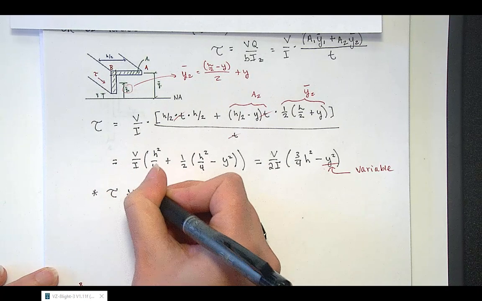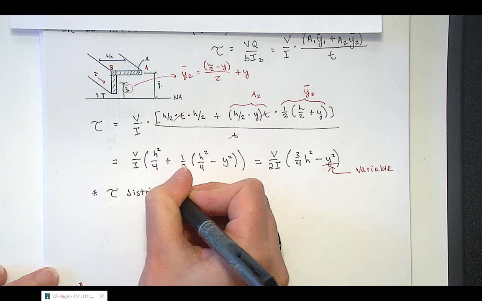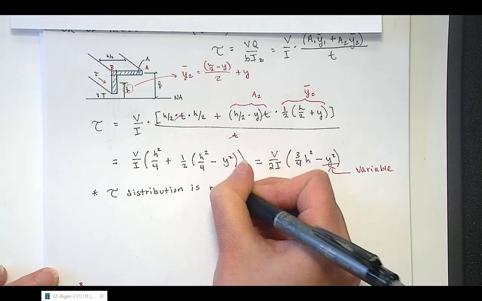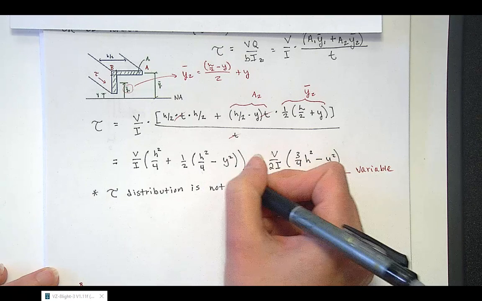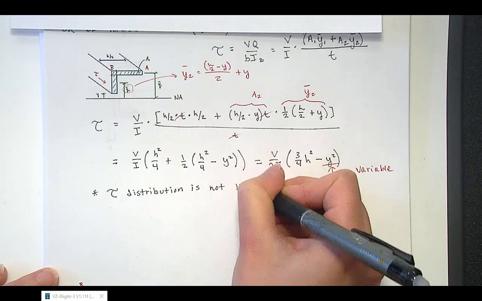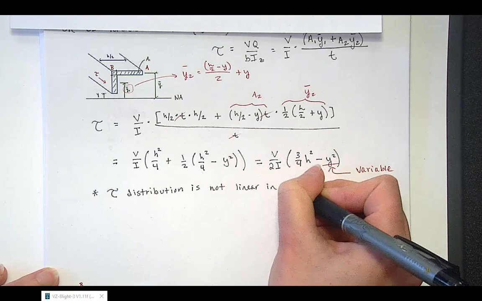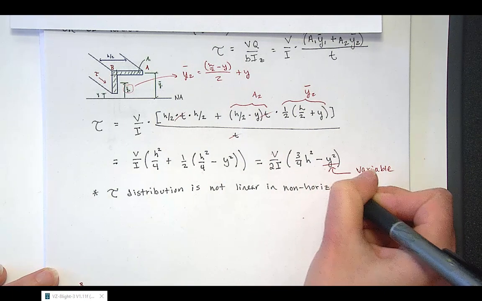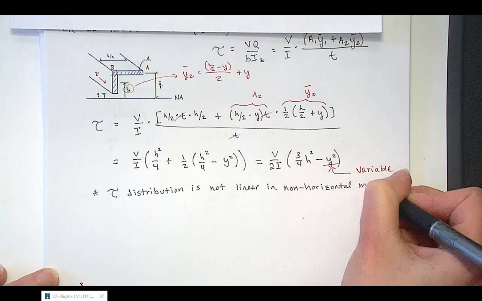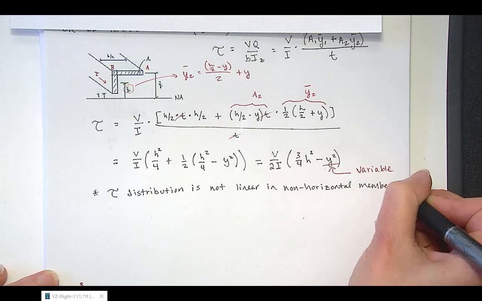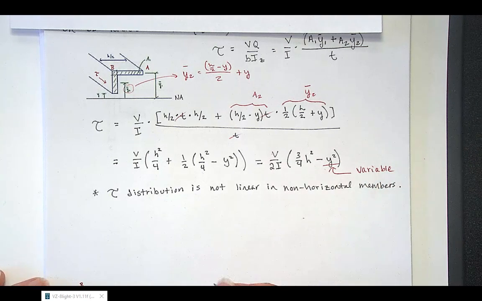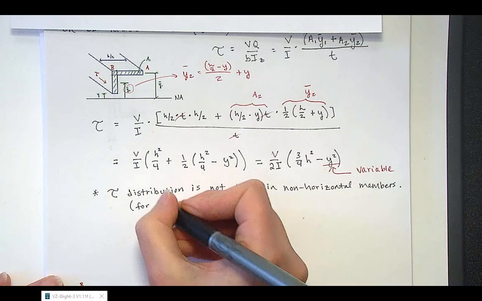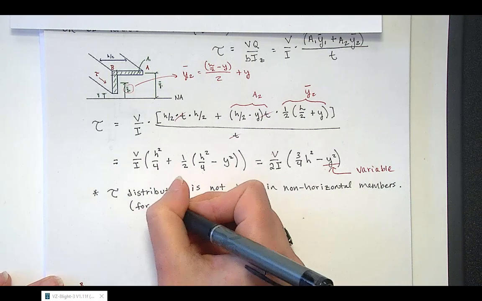So the distribution is not linear in non-horizontal members. And that's for vertical shear force, which is a typical situation.